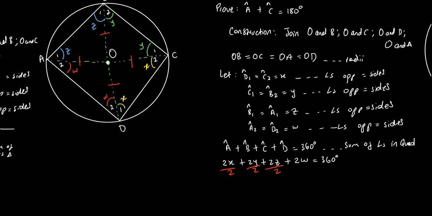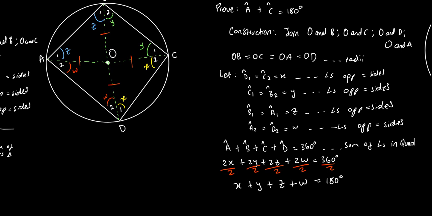Same way we reduced 180 to 90 degrees the other time. So if you do that, you will have x plus y plus z plus w being equal to 180. What if I tell you that you are done? You are done there.